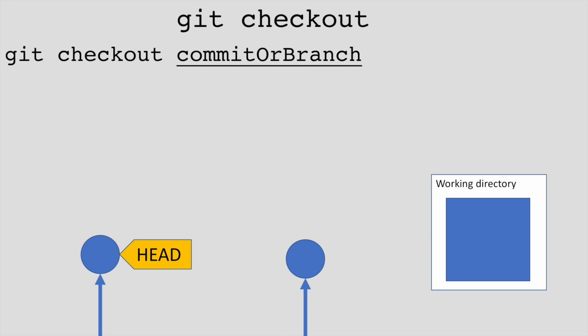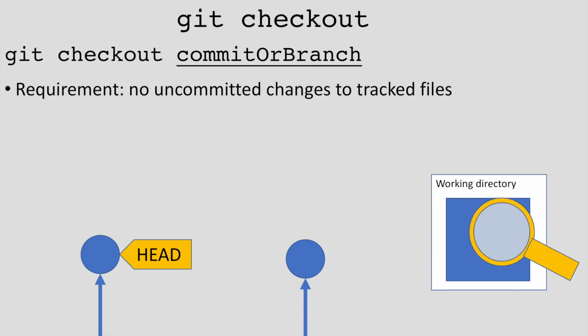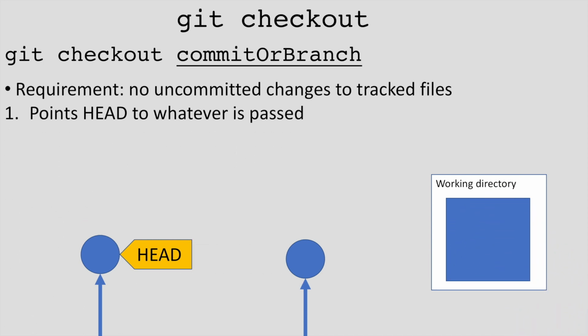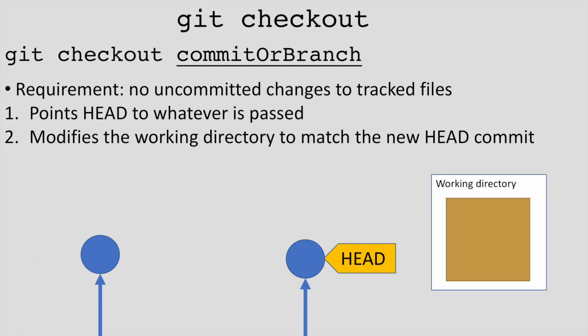Git checkout. This command requires that there are no uncommitted changes to tracked files in the working directory. If the requirement is satisfied, then this command points HEAD to whatever is passed in the command line argument. Then this command modifies the working directory to match the new HEAD commit.